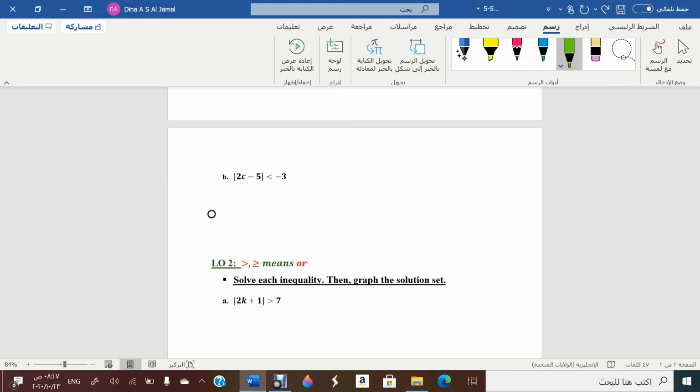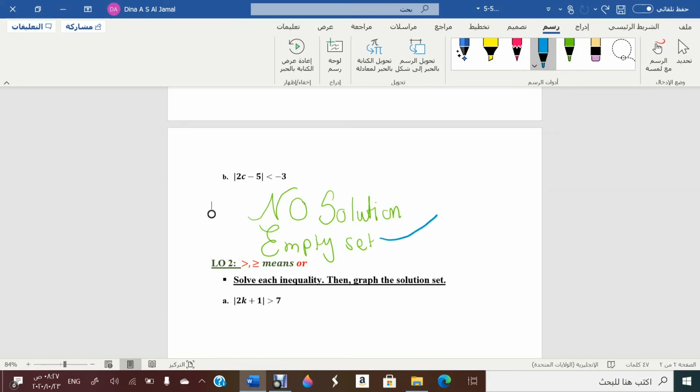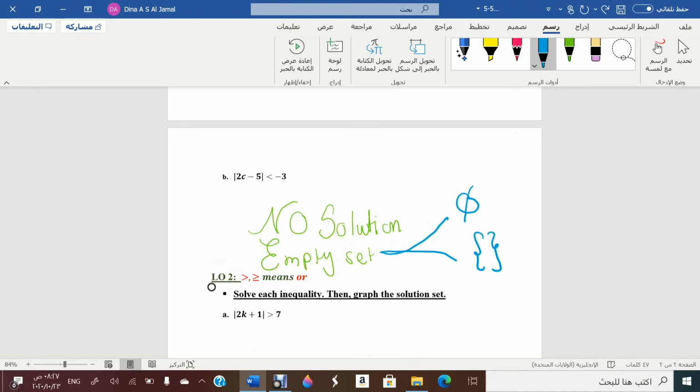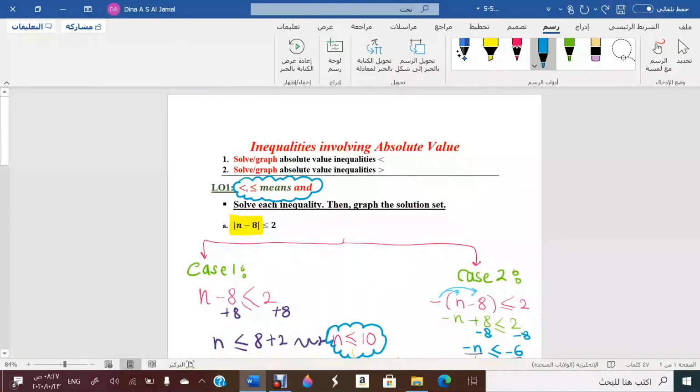So if he's asking you about the solution set, here no solution can be provided, or you can write empty set. And how can you present the empty set, whether with phi or open braces? Okay, and that's great. So that was for less than or less than or equal.